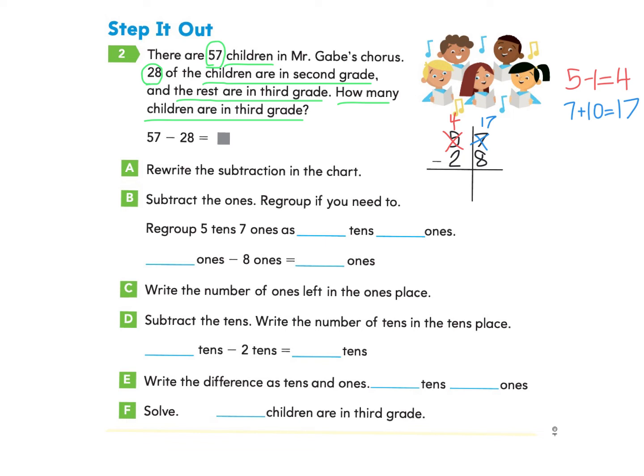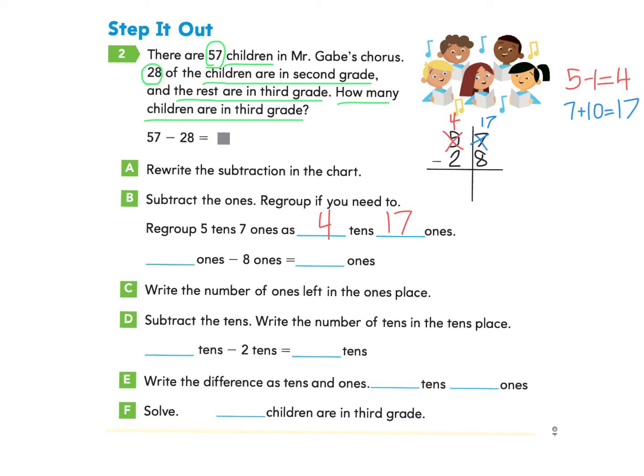And now we can regroup the 5 tens and 7 ones that was here. We crossed it out. We are changing that regrouping to be 4 tens and 17 ones. So that's what we changed in this part, the 5 tens and 7 ones.